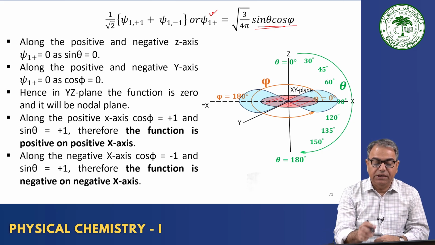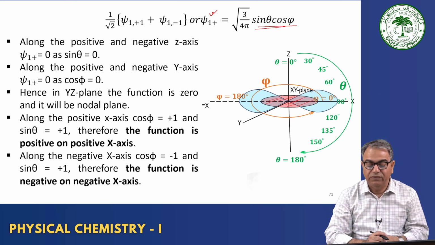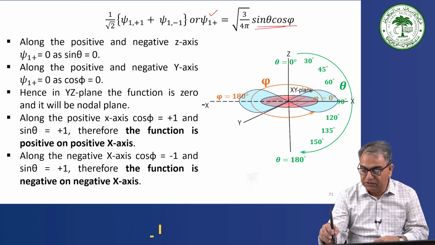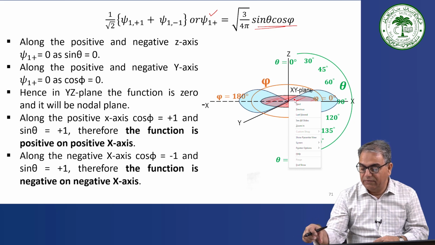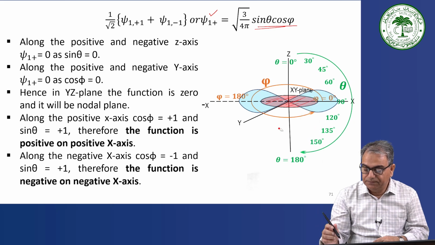Along the positive and negative z axis, this function Y1 plus will be 0 as sin theta is 0. Along the positive and negative y-axis, what will happen? The y-axis is perpendicular to the plane of the board, passing through the origin. Here also the function will be 0 along this axis.